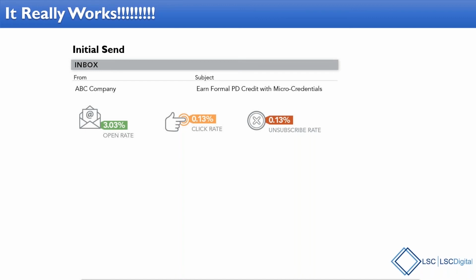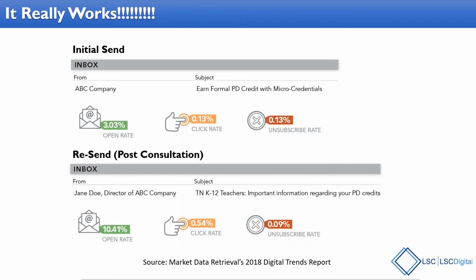We were lucky in this case because, since nobody responded to it anyway, we sent out the same exact email to the same exact audience on the same exact day at the same exact time. The only thing we changed was the from and the subject line. Instead of it just being the company, we had it be from a person.